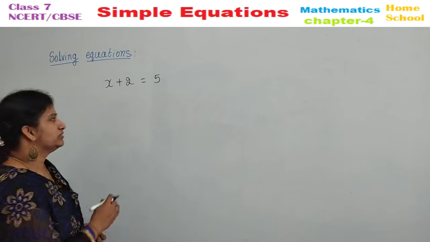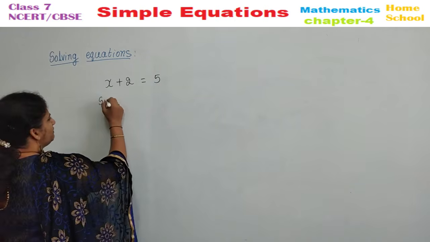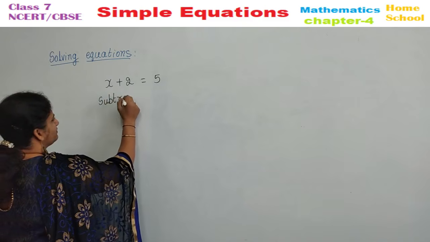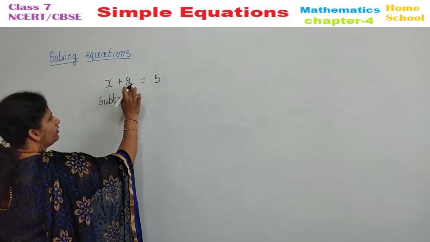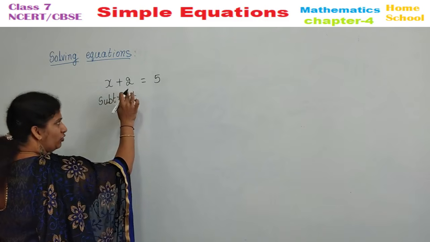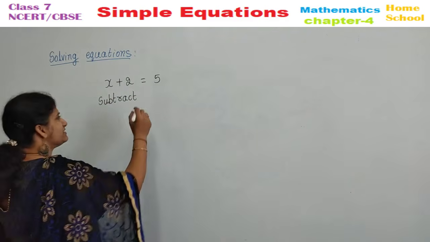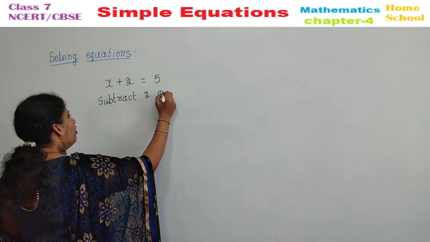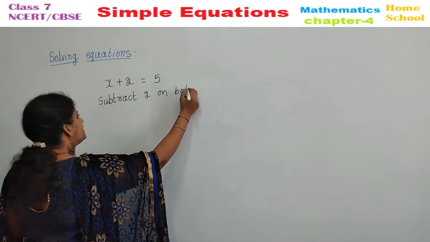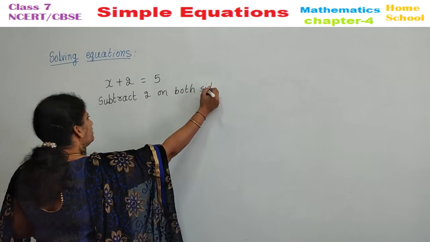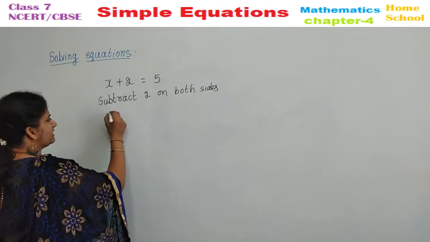So now, subtract. In order to remove this, how can I remove? If I subtract 2, it will be cancelled. Subtract 2 on both sides.